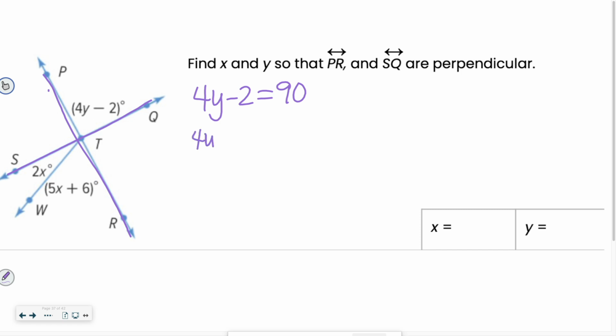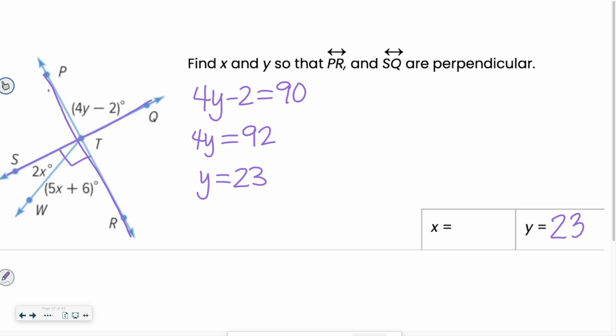Anyone get an answer for y? 23. I have 23. How are we gonna find x? 2x plus 5x plus 6 equals 90. Right.